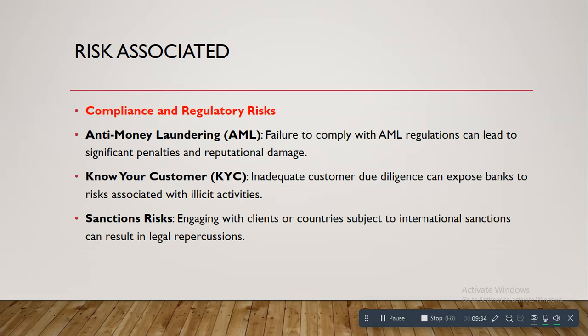Due to poor due diligence of the other bank, it might happen that person C is in a sanctions program and has transacted through your bank. So there is always this kind of sanctions risk. So these are the risks from the compliance or regulatory side.